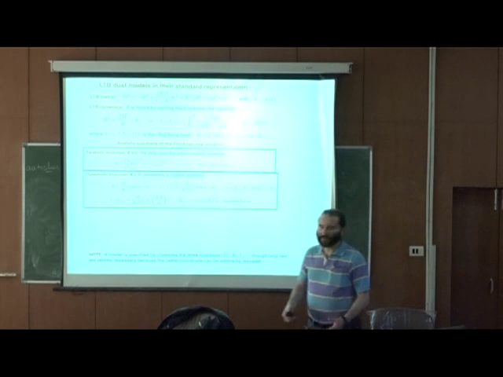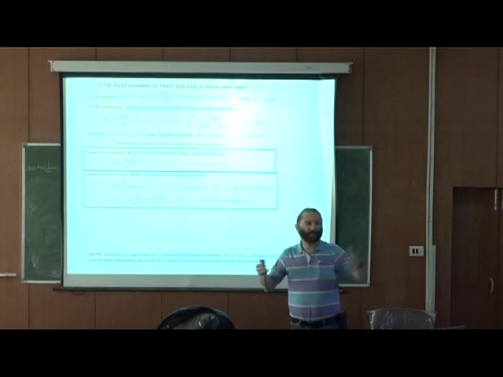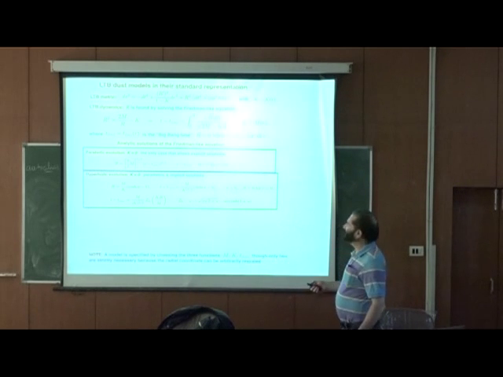Again, we are only considering expanding cases, not collapsing cases. For collapsing cases, you would have to reverse the signs here, but we're not going to see it. Again, this is the Big Bang time, because eta equals 0 is the Big Bang.